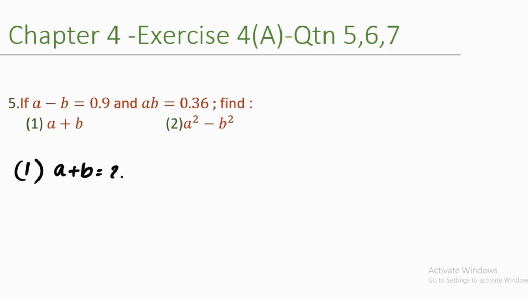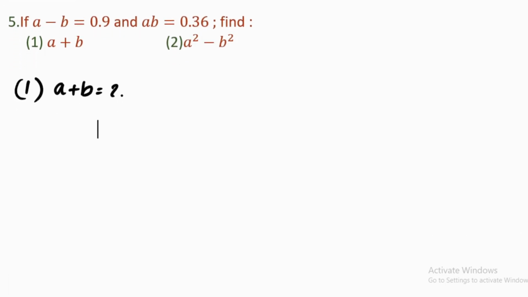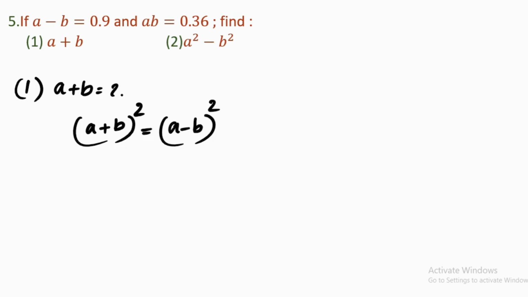We have to find a plus b, and the value of a minus b is known to us and ab is also known to us. So we will use the formula which has both a minus b and a plus b, so it will be easy for us to find. By formula, we know that a plus b the whole square equals a minus b the whole square plus 4ab.